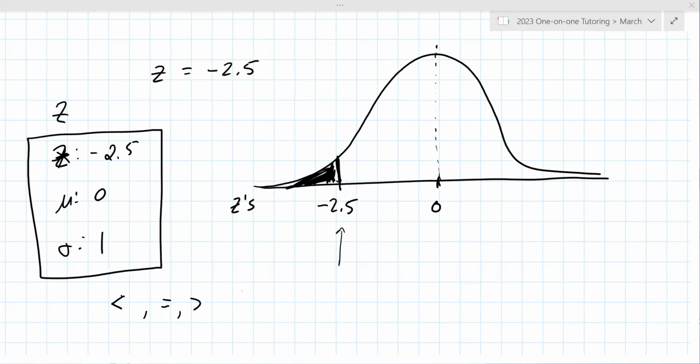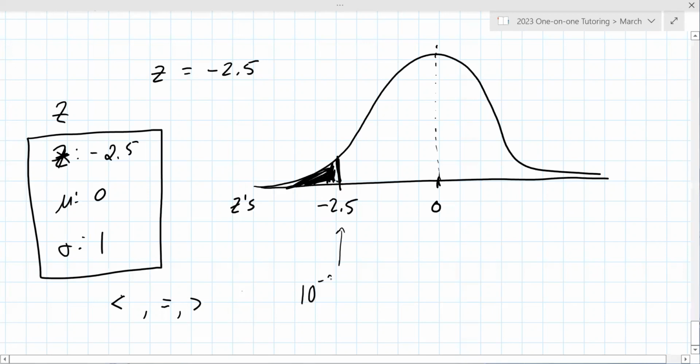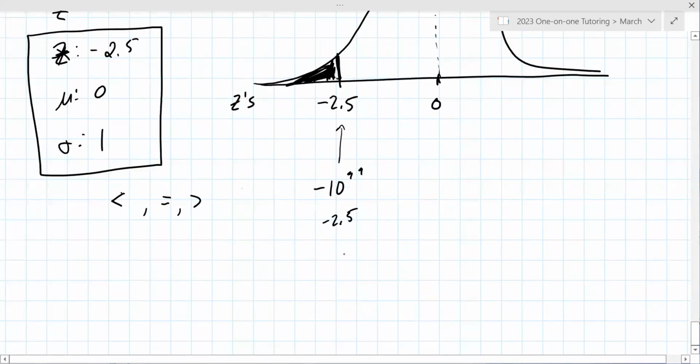Okay, so your lower is minus 10 to the 99. Your upper is minus 2.5, and your mean is 0, and your standard deviation is 1.